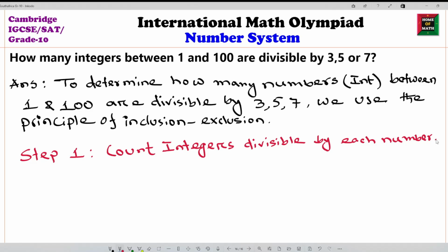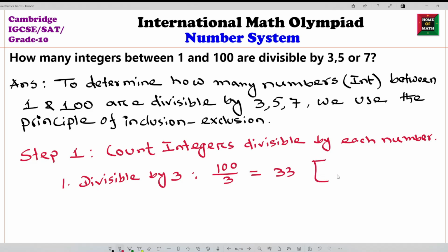How? Look, first, divisible by 3. So this one is 100 divided by 3, it's 33.